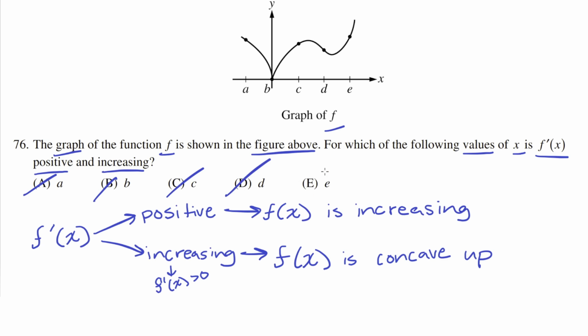So E is the only answer left, but let's make sure it's increasing concave up. So if we look at point E, we see that the value of y is increasing from this local minimum down here until we get over here and pass through E, the value of y is increasing. So that means our function is increasing.